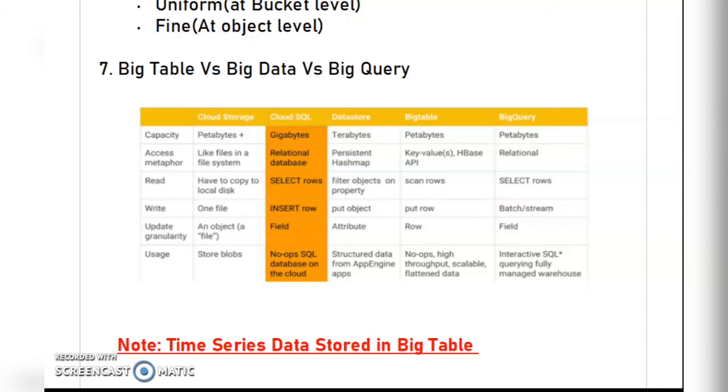The data stored in Bigtable is in key-value pairs. If your volume of data is in gigabytes, then go for Cloud SQL, as shown here on the screen. If you want to analyze your data, like the data warehousing we use, go for BigQuery, which will help you analyze your data.